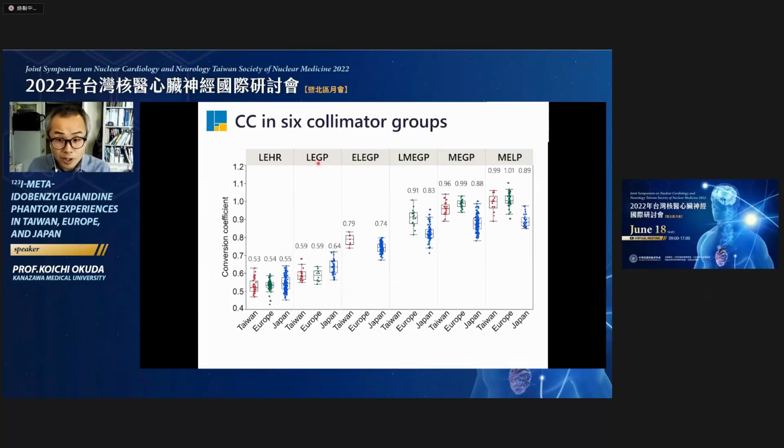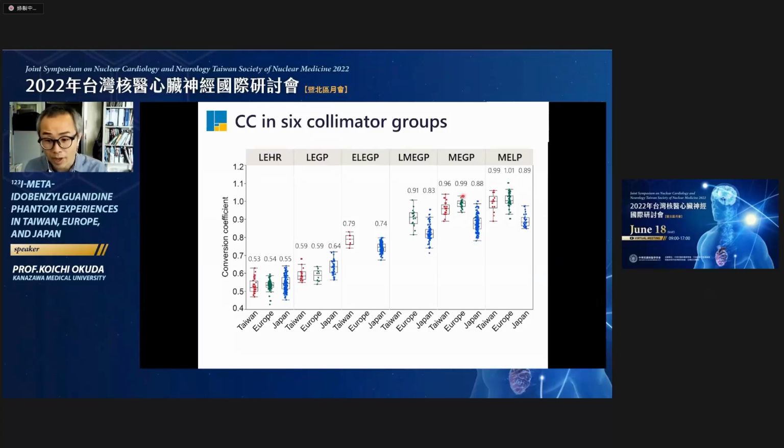In LEGP condition, Japanese conversion coefficient was slightly higher. This is because various GP collimators were included in Japanese data. In LEGP, LMEGP, MEGP, and MELP collimator conditions, Taiwanese and European conversion coefficients were higher than Japanese conversion coefficient.